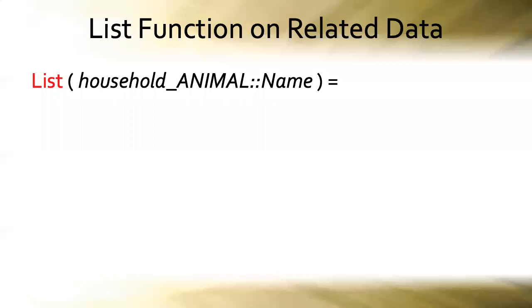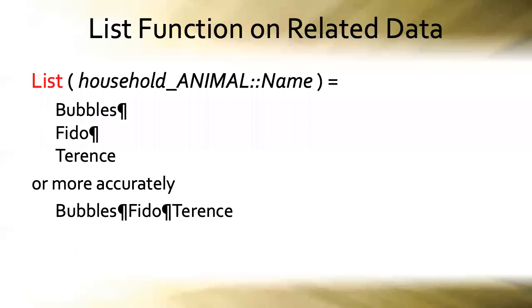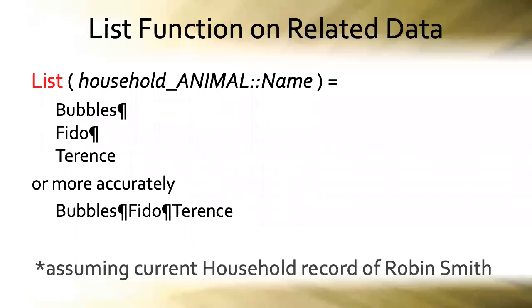If we run this List function and point it down this relationship from household to the animal table and bring back the value of the name field of the animal, we would get Bubbles, carriage return, Fido, carriage return, Terrence, or more accurately, horizontally like this, Bubbles, Fido, and Terrence, assuming that the current household record is that of Robin Smith in our animal care database.